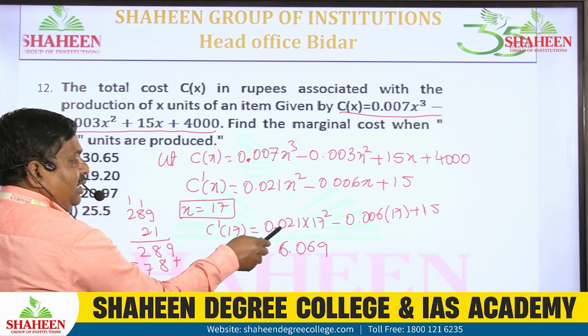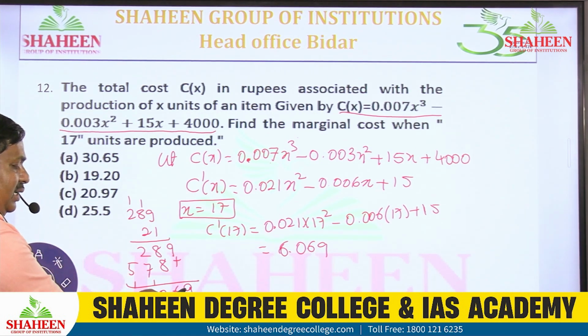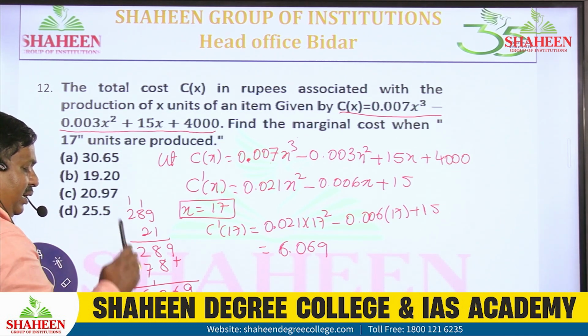After 3 decimal places we put the point, so this becomes 6.069.